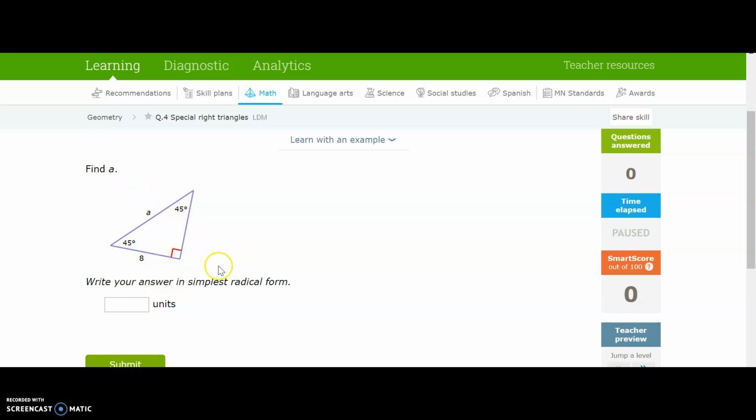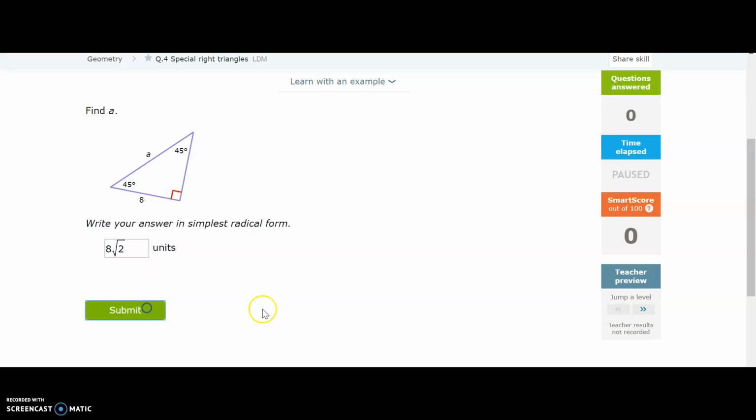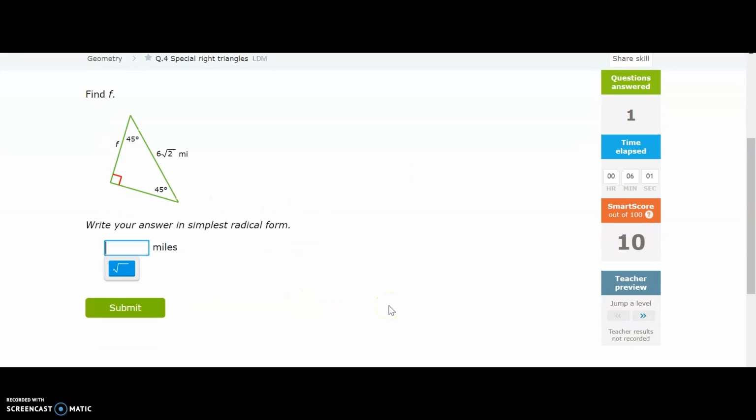But then the hypotenuse needs the square root 2. So it's going to be 8 square root 2. On this one, the hypotenuse is 6 square root 2. So remember, same, same, same with the square root 2. So if this is 6 square root 2, these all would be 6s. The hypotenuse gets the square root 2.